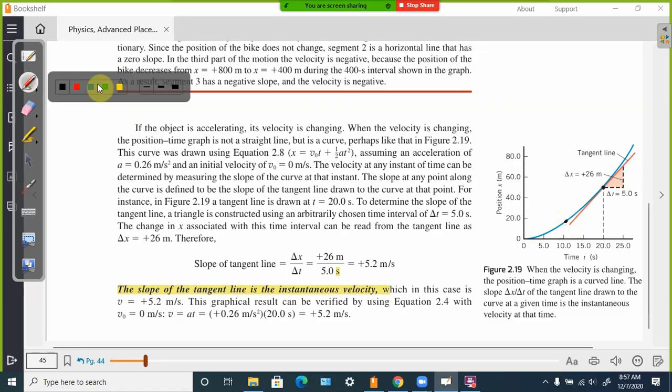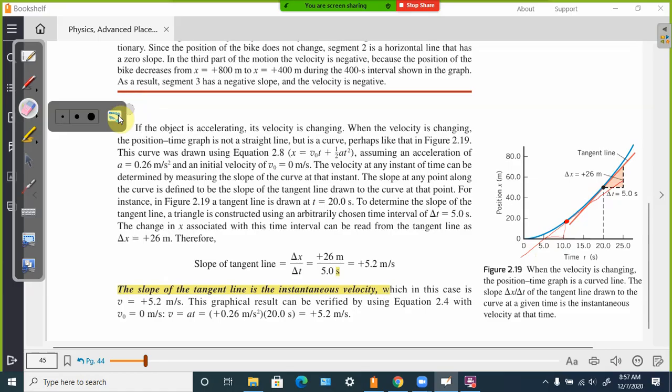Let me put this in red so it's more easily seen. I could find the instantaneous velocity right here. It's just I would have to draw a tangent line right on that, and then I would have to find my slope here in order to find out what my instantaneous velocity is right there, okay? So a little bit different than above, the difference between instantaneous velocity and average velocity.